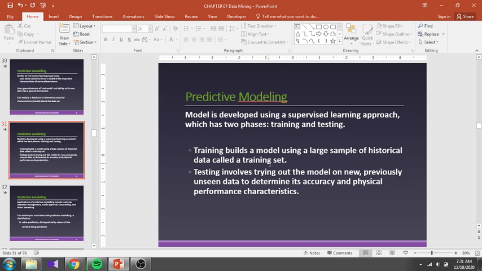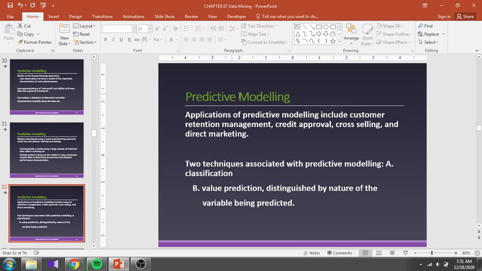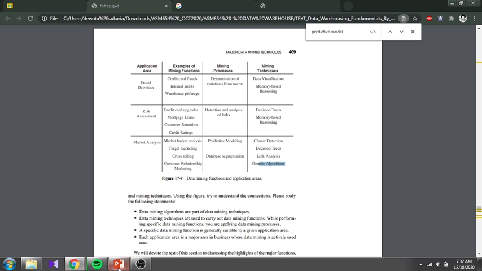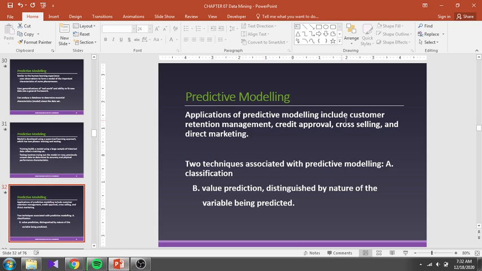So there is a lot of trial and error on this one, actually. Applications of predictive modeling include customer retention management, credit approval, cross-selling, and direct marketing. That's why predictive modeling is under market analysis, as you can see.